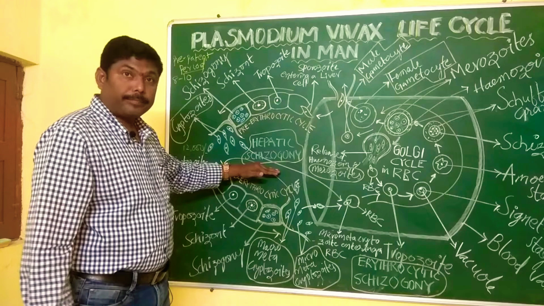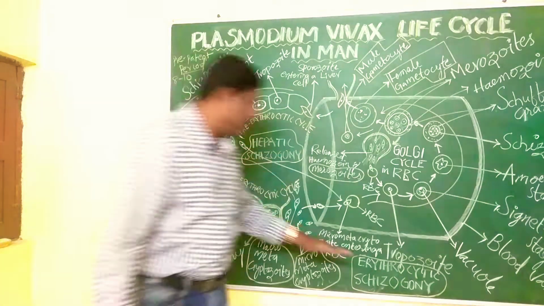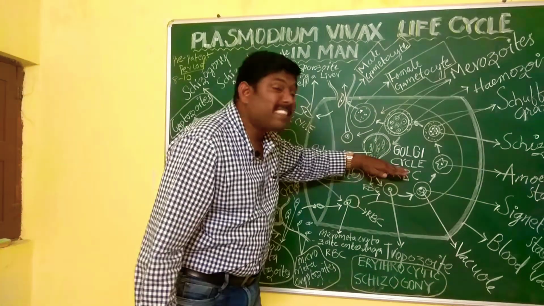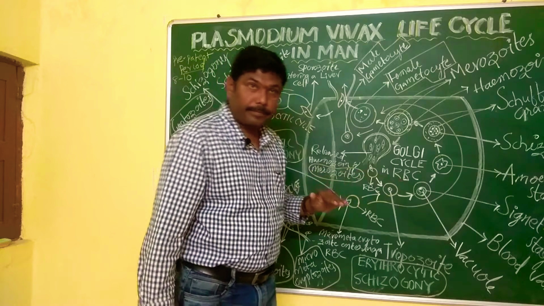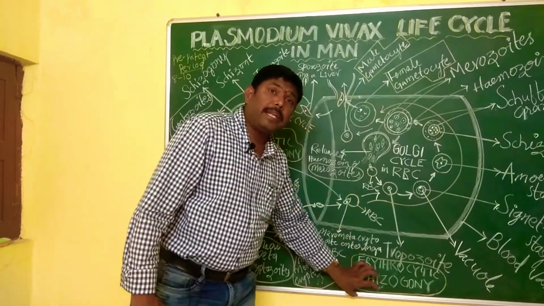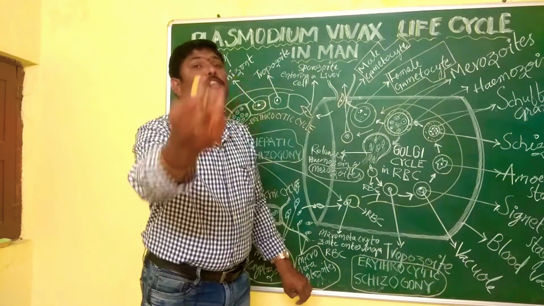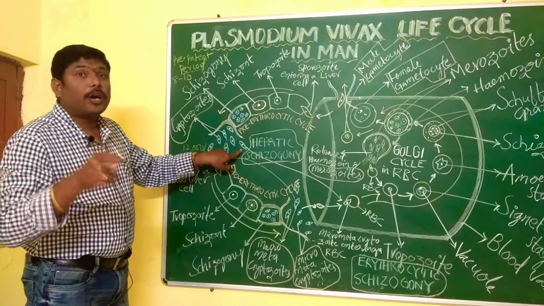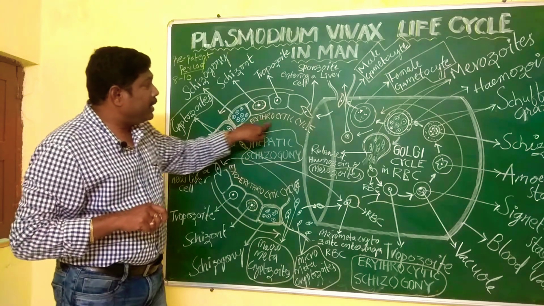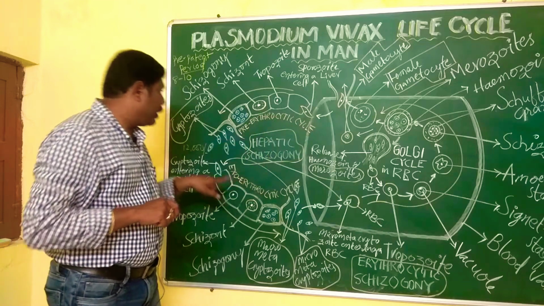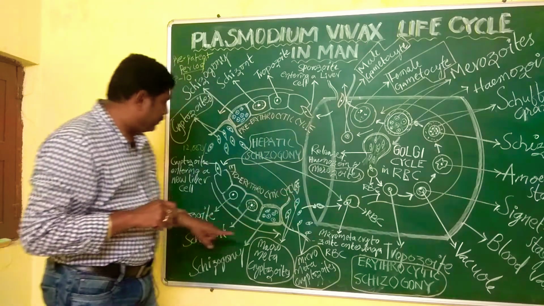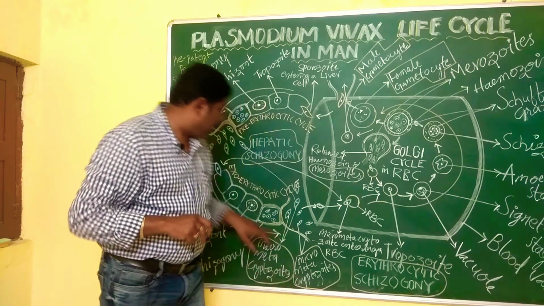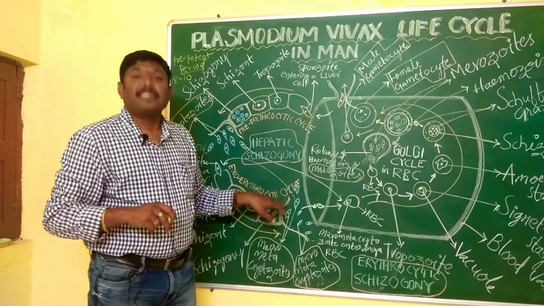Hepatic schizogony. Now we are moving to the erythrocytic schizogony, or Golgi cycle, in RBC. The erythrocytic schizogony may start with the cryptozoites which are released in the pre-erythrocytic cycle, or it may start with the micro-metacryptozoites which are released in the exoerythrocytic cycle.